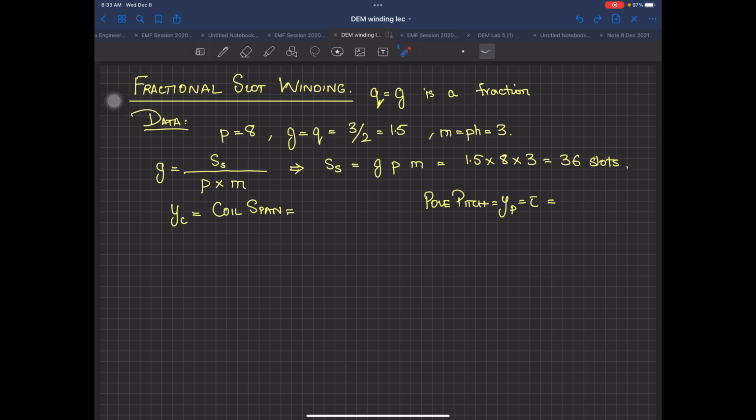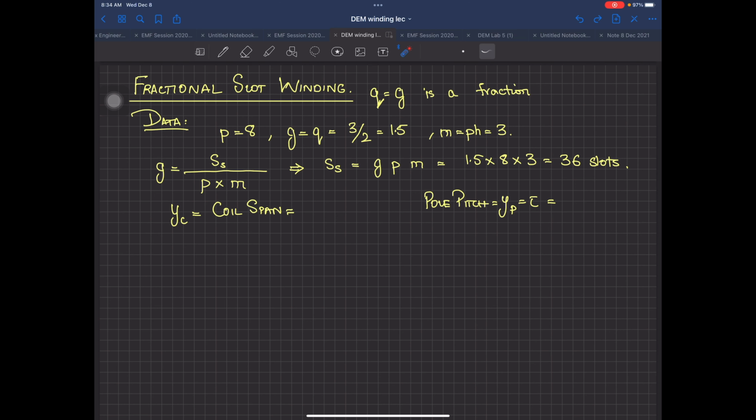Listen carefully: 1.3 is not possible, you can't multiply it by anything to get an integer. Yes, 3.33 is possible, because you can make it 3 and then 9 or 10, whatever you want to call it. But since G would be multiplied by 10, it's going to be a very difficult winding. Yes, but it can be done for very big machines. For 1.25, that is 5 by 4, you have to multiply it. So the fraction has to be selected in such a way that you can actually make that winding.